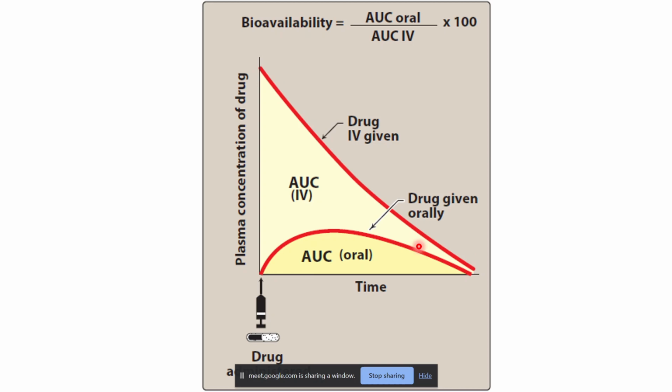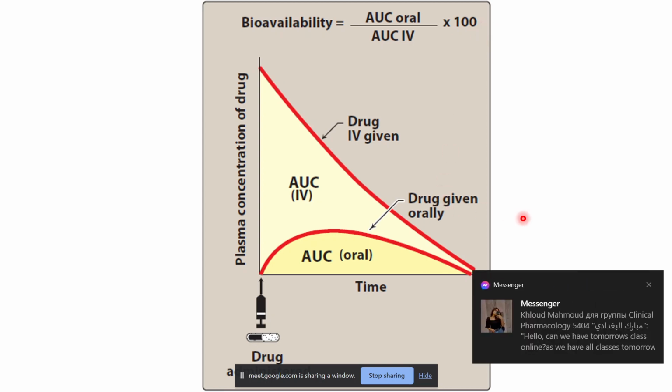Then we plot two graphs, measure the area under the curve for these graphs, and divide the oral by the IV and multiply by 100 so we can see it in percentage. So this is the bioavailability.